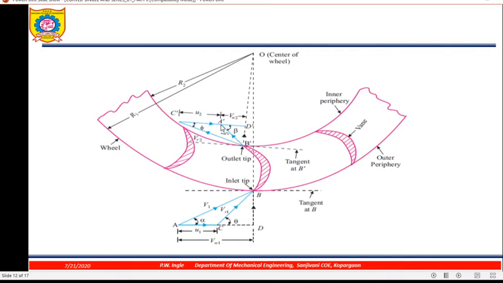Then V2 will have two components, VW2 and VF2. This is R1 and this is R2. This is the tangent at B dash, the outlet tip, and the tangent at B, the inlet tip. This is the outer periphery, this is the inner periphery, and this is the center of the wheel.